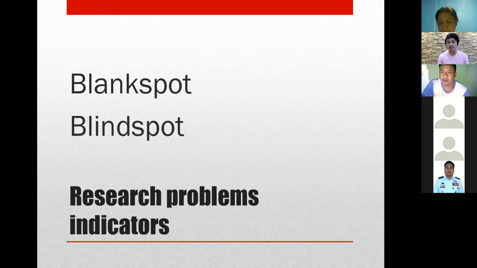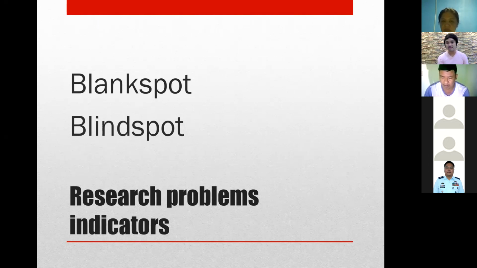At the problem with research, you do not have a problem, but you need to look for a problem. Pero sa paghahanap ng problem, the indicator is blind spot. We will focus on blind spot only kasi po ang inyong subject sa akin ay quantitative. Pang-quali yung blank spot. Binibigyan ko lang kayo ng overview para alam nyo kung paano mag-arrive at the correct design.